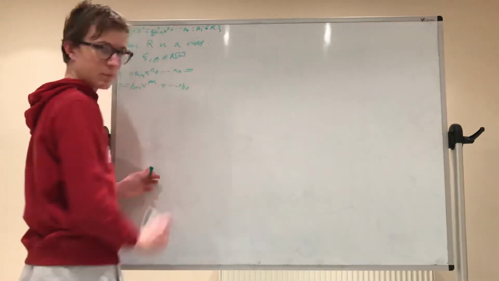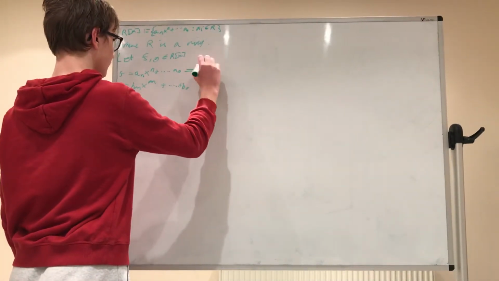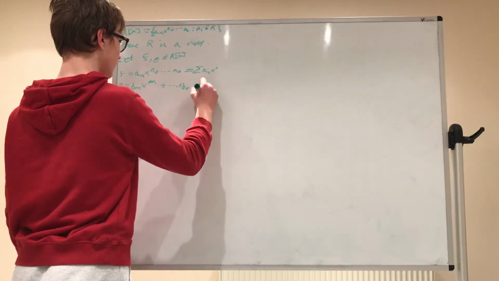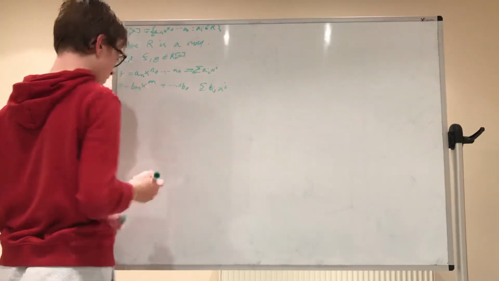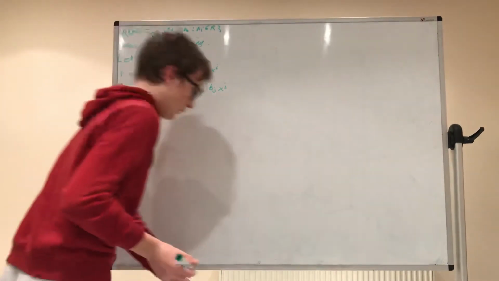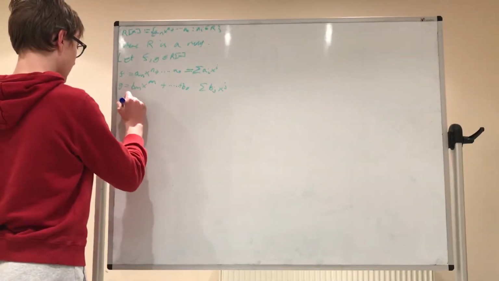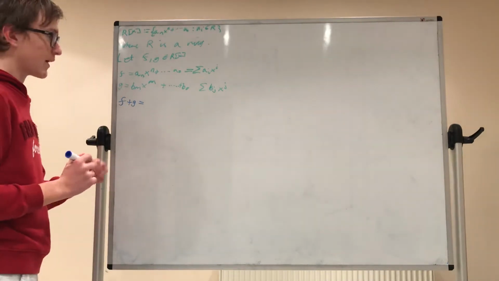If we want to write this more concisely, f is the sum over a_i x^i, and g is equal to the sum of b_j x^j.